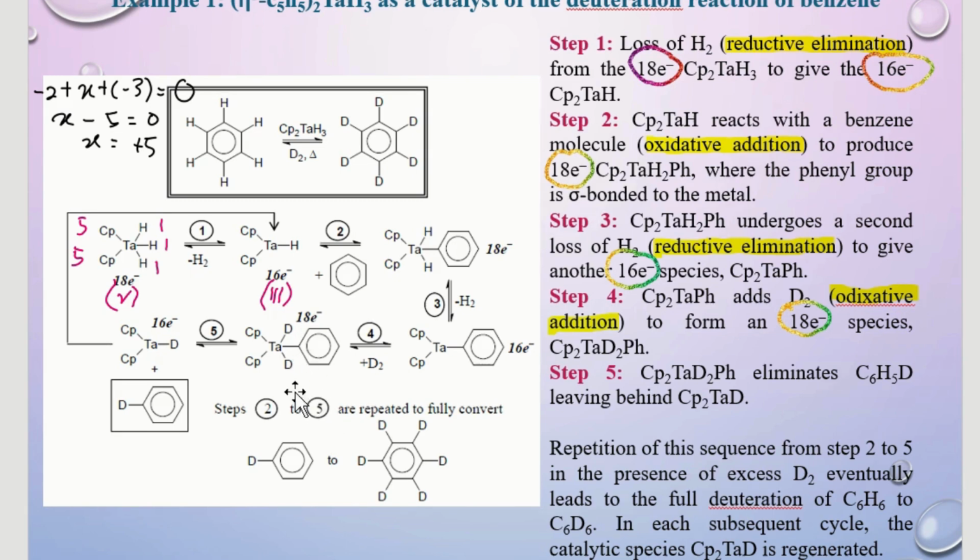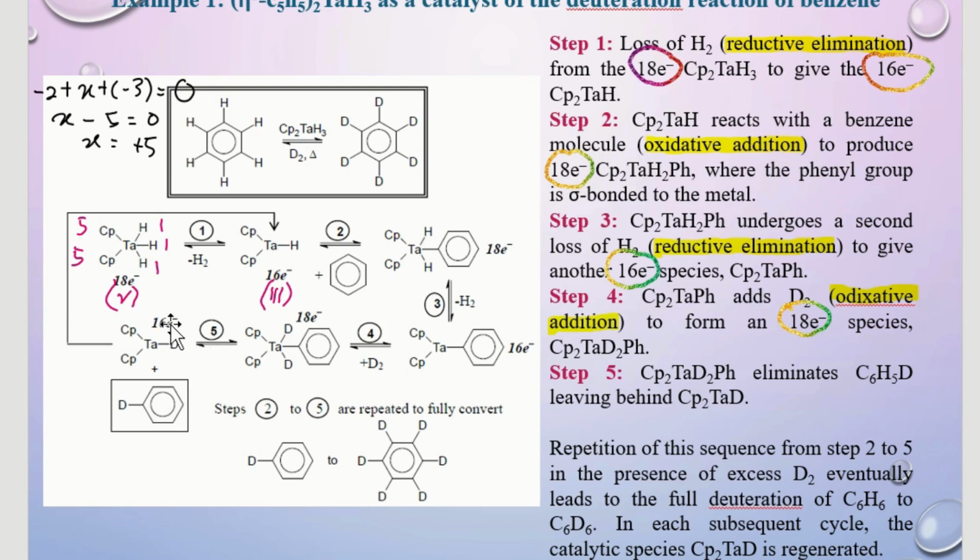As you can see here, it involves the addition of D2. And our last step, they eliminate the benzene, leaving behind our Cp2 titanium deuteride.